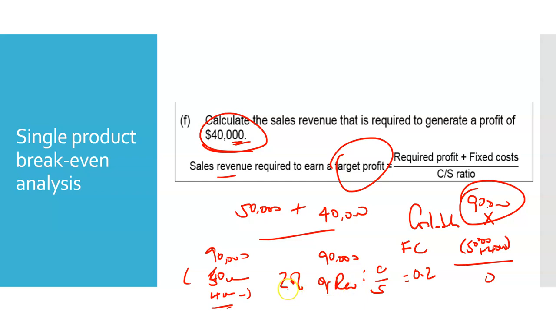So if contribution is 20% of revenue, and contribution is 90,000, therefore revenue is 450,000. So it's just getting your mind around the thinking and the process, and then you finally arrive. You will have here 40 plus 50 divided by 0.2, and you will arrive at your answer.